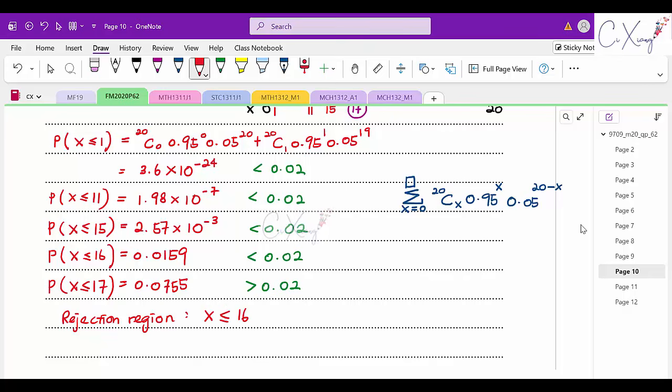The 16 itself is included in the rejection region, or you can write it this way, where x smaller than 17, 17 is not included in the rejection region. You are having 0 until 16. So either way of writing can be accepted in this question.